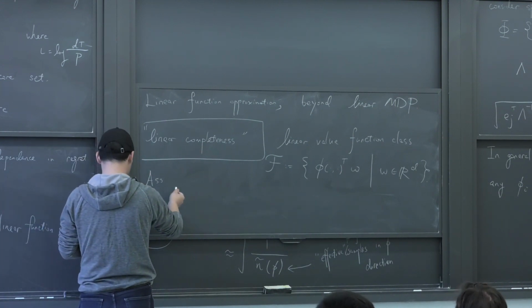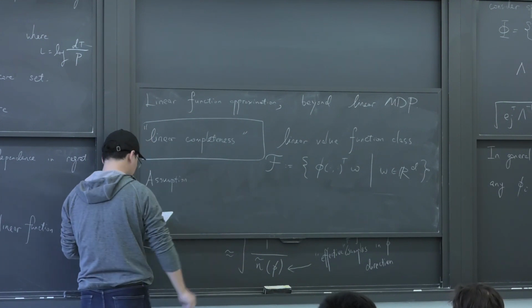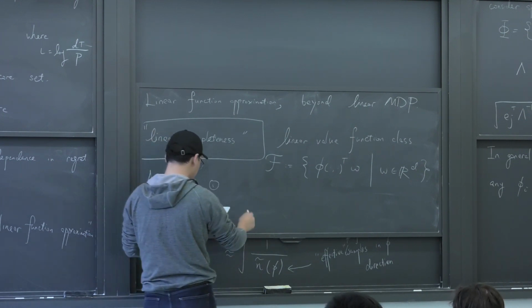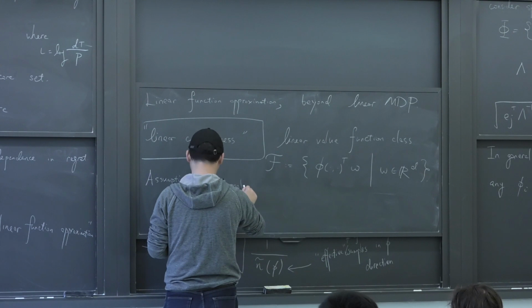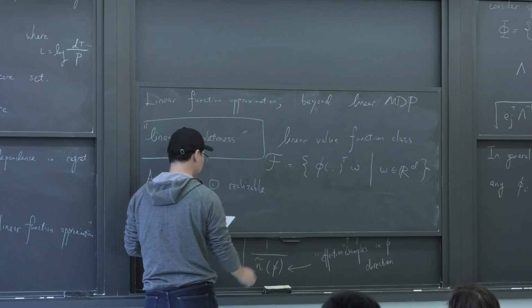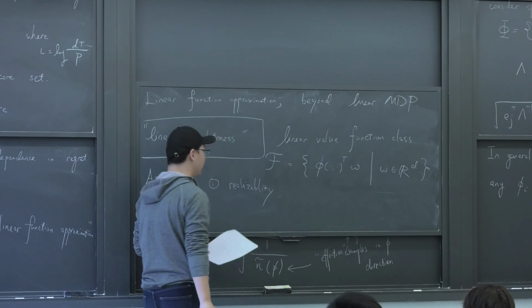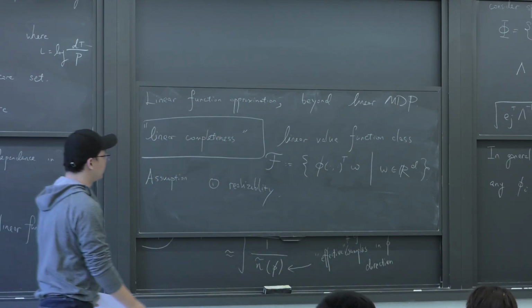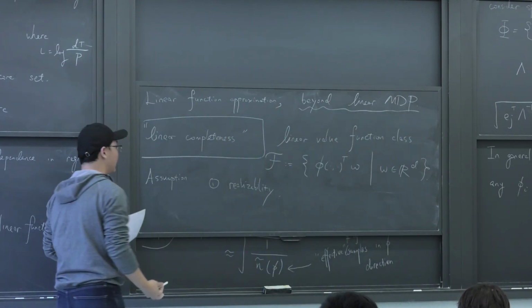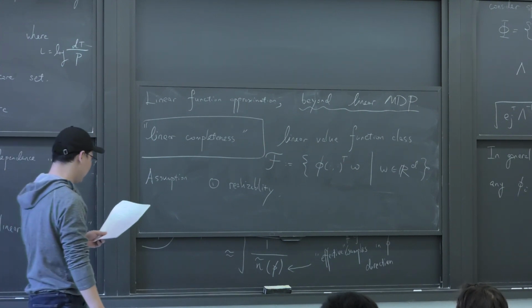The assumption of this linear completeness class is that we basically make two assumptions. The first one is realizability. Remember now we are beyond linear MDP, so we no longer assume a linear transition or reward, but we replace linear MDP with some more abstract assumption.